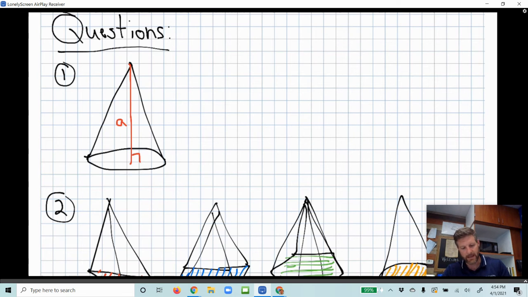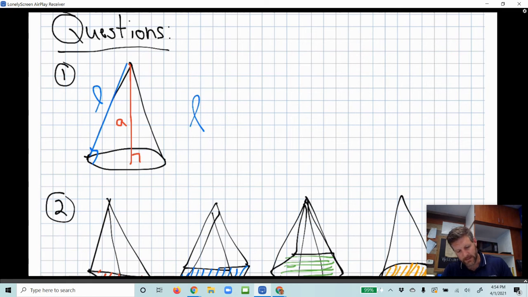Whereas slant height is the surface distance from the vertex to one of the sides of the shape. Notice all the formulas for surface area have to do with slant height, so you're going to pretty much ignore altitudes unless all they give you is an altitude, and then we're going to talk about how to use the altitude to find slant height.